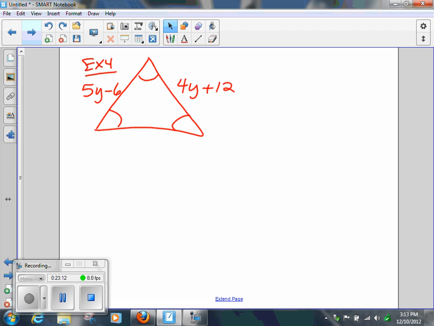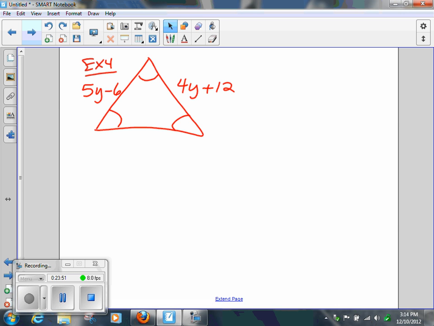What kind of triangle is that? That's an equilateral. The way it's marked, it's equiangular, which means it's also equilateral, which means all sides are equal. Why can I not set those two equal to 180? Because this is dealing with sides, not angles. The only time we use 180 is when we're dealing with angles.